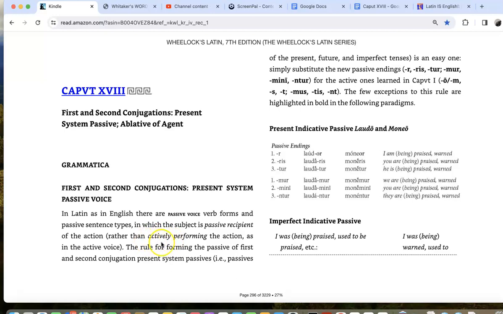Well, as the term suggests, if the verb is active, the subject is actively performing or doing the action. If it's passive, then the subject is passively receiving the action.